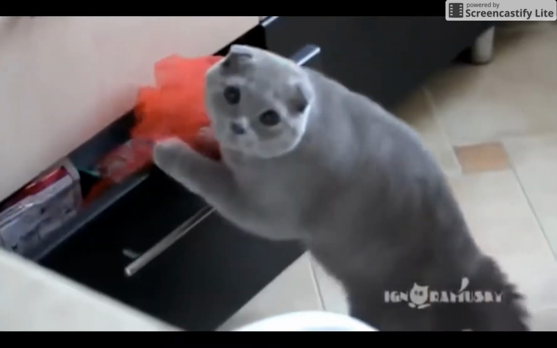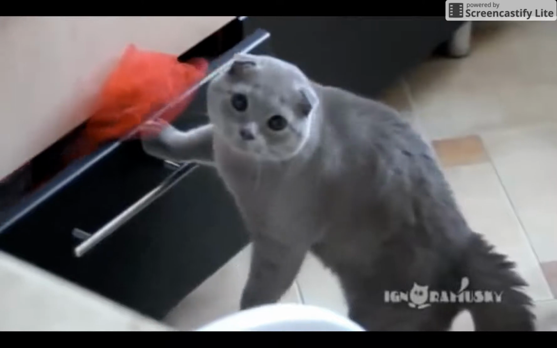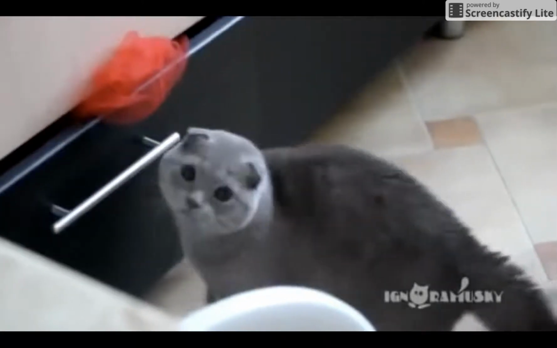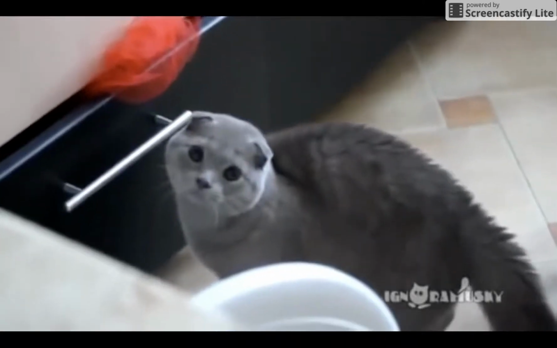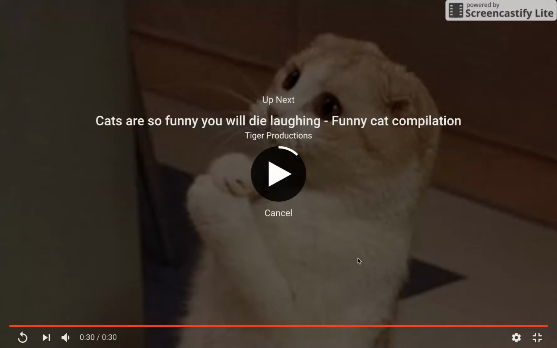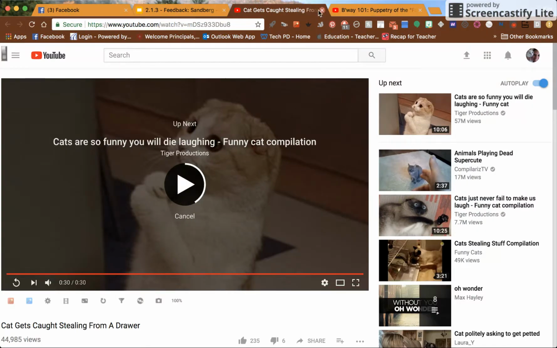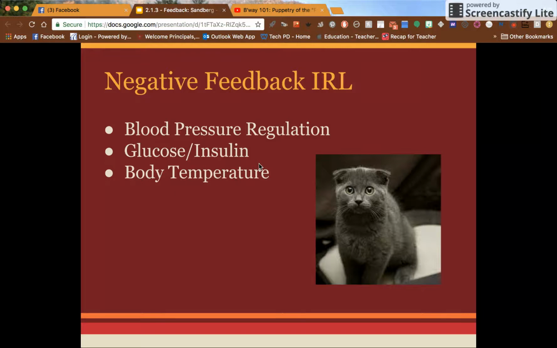Now he's going to do the opposite behavior, which is to close the drawer. First he was opening it, gets caught, closes it. So one thing is going one way, and then something triggers it to go the other. That was my best example for that.